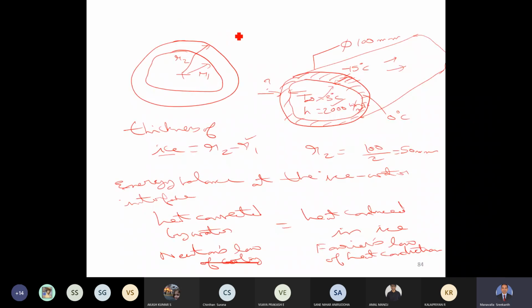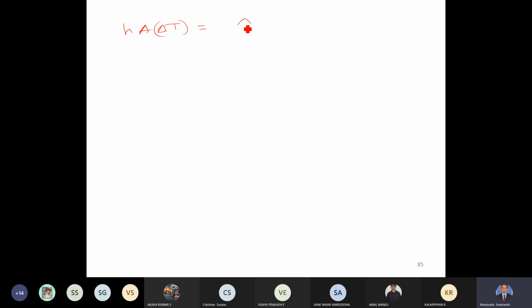On the left hand side, we will use Newton's law of cooling, h A delta T, as the basic form, and for the right hand side, Fourier's law of heat conduction. In general, we can write it as delta T divided by R, the overall temperature difference divided by the resistance. So it is the temperature difference in the ice, and R is the thermal resistance of ice.